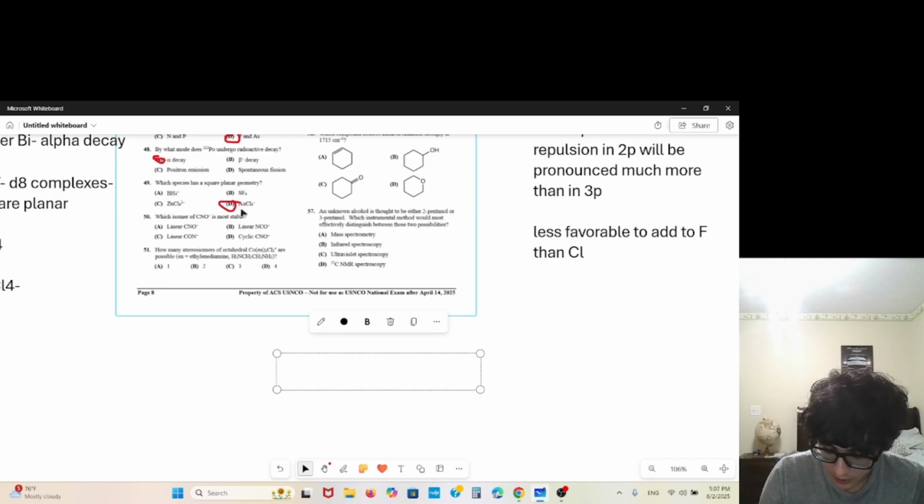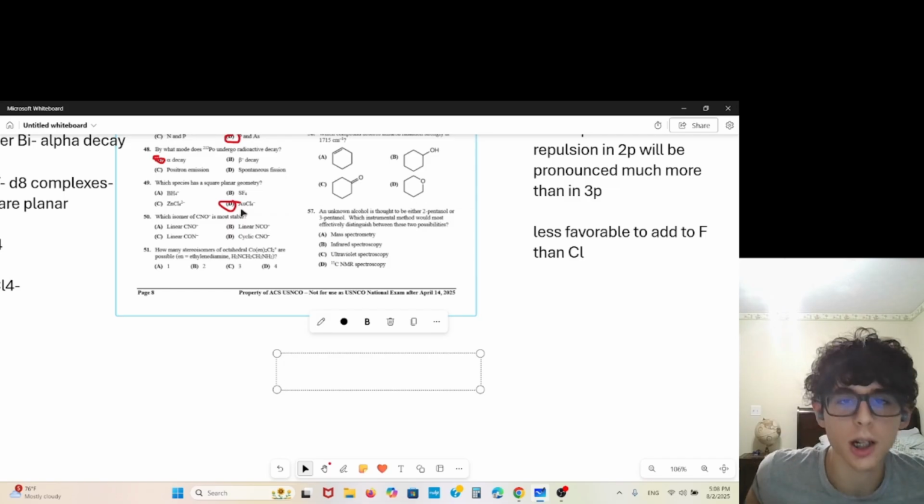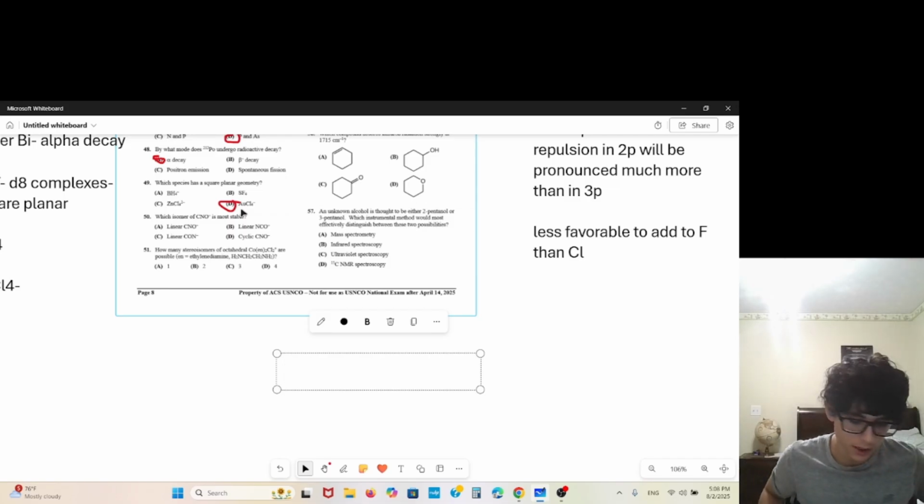Now, C triple bonded to O and single bonded to N. I believe you're going to have zero on the N, zero on the O, and a negative one on the carbon. But still, with all this stuff going on, you're going to have NCO as your best option.